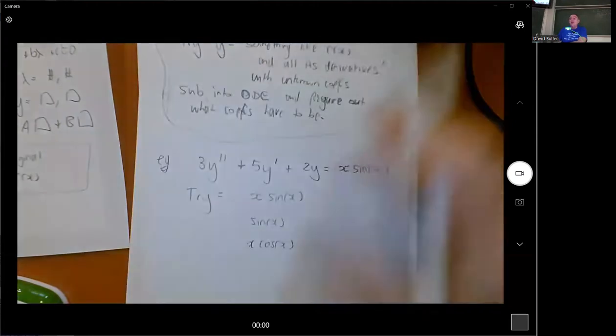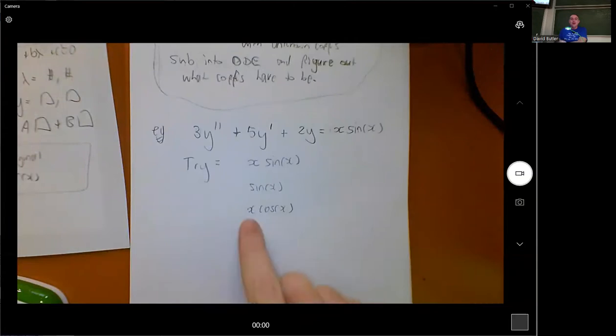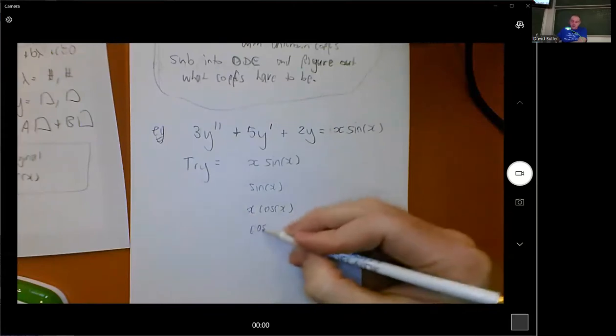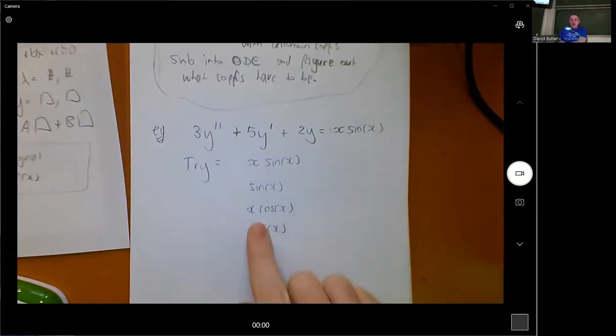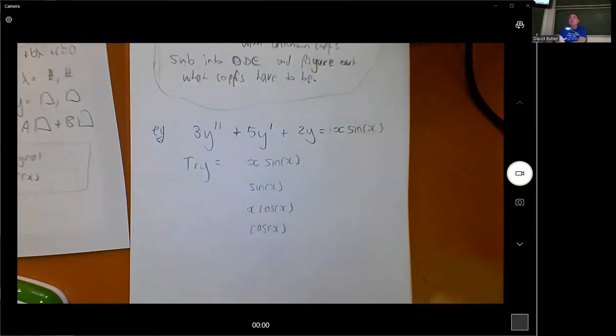And if I differentiate that, I differentiate the x and keep the cos x, so I'll get a cos x. And then I'll get x times minus sine x, which is this again. And then I will have covered everything that could possibly happen when I do all the derivatives of this function, as many derivatives as I need. So these are the pieces I'm going to use.